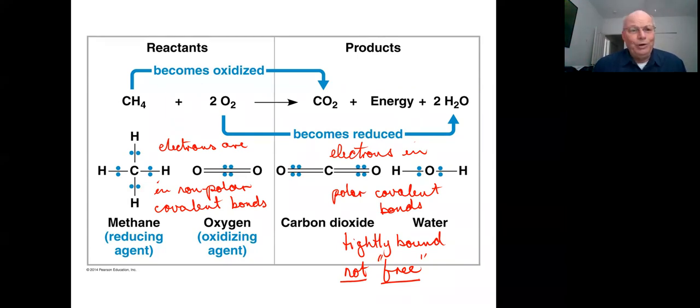The hydrogens that were associated with the carbon are now associated with the oxygens to form water. And carbon has itself become associated or has formed covalent bonds with oxygen. But the point here is that we've transferred the hydrogens that were associated with carbon away from the carbon and bound them up to oxygen. And that's how we physically moved the electrons from non-polar covalent bonds to polar covalent bonds.